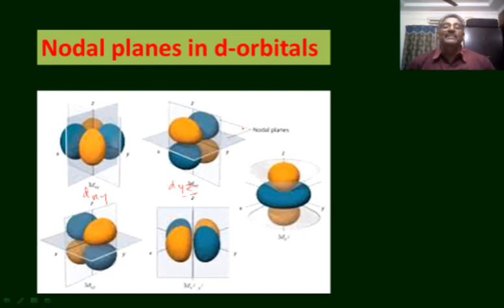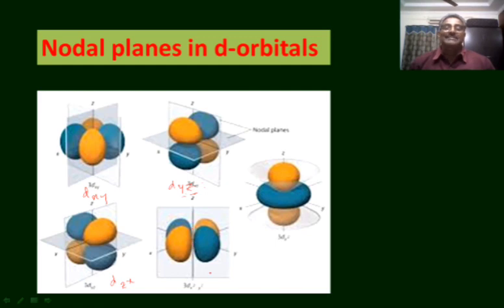The probability of finding an electron will be 0, and those two planes are said to be the nodal planes for the dyz orbital. In the same way, for the dzx orbital, the imaginary planes which are passing through the nucleus along the z-axis and x-axis are the nodal planes.